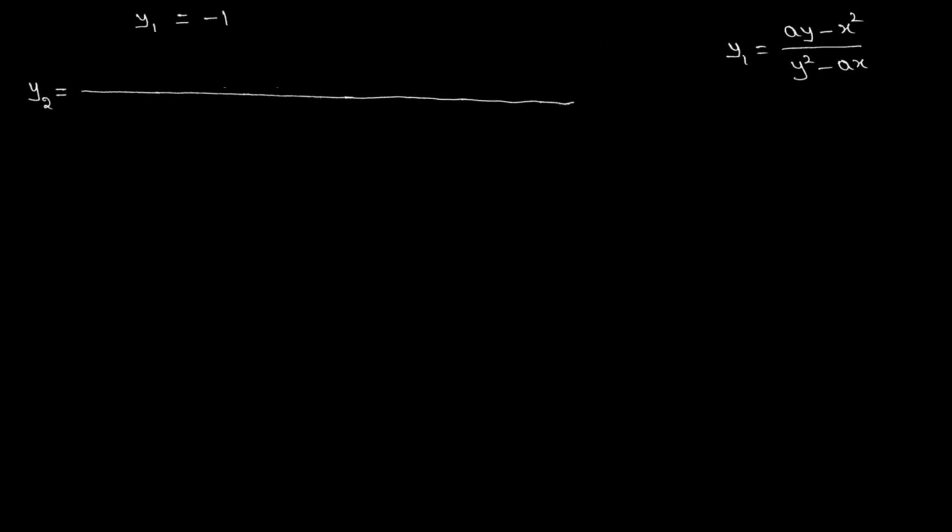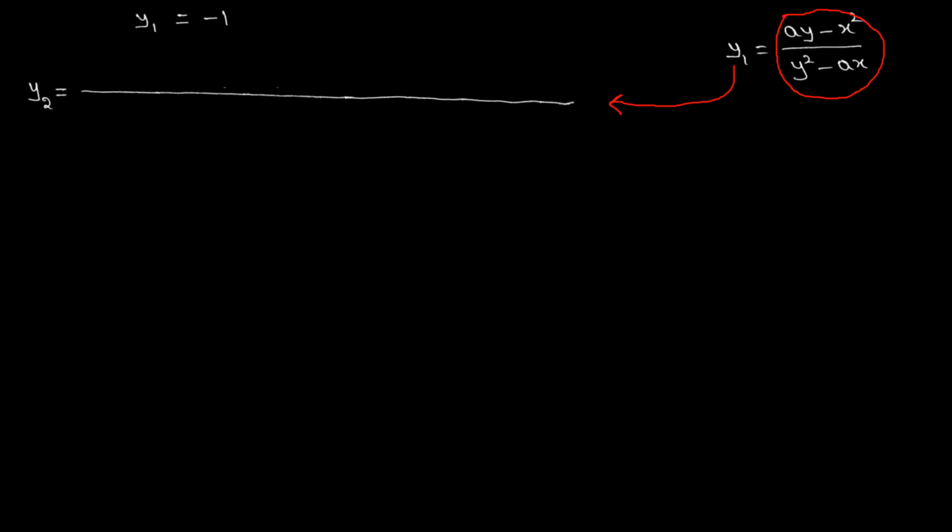Now let us go for y2, that is double derivative of y. That means we need to differentiate y1 again to get our y2. Let us differentiate y1 now. To differentiate y1, we need to apply quotient rule, because it is of the form u by v. What is quotient rule?